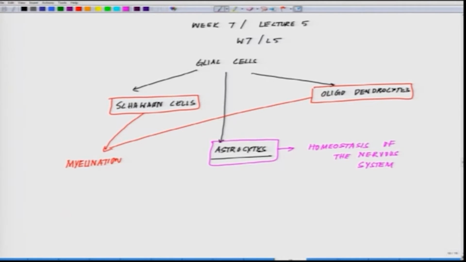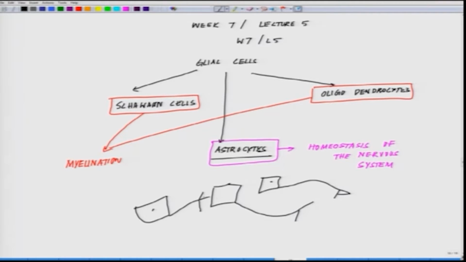Let us take a hypothetical situation. Inside the brain there are synapsing bodies and a lot of neurotransmitters are getting released. The astrocytes, now I will put them in green, are sitting like this. They are numerous, far more than the neuronal cells.